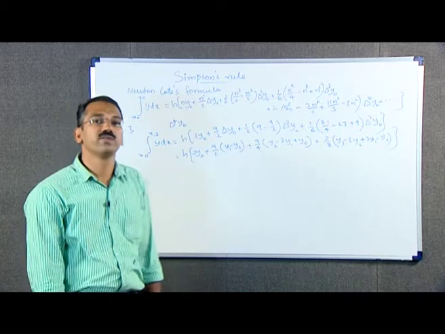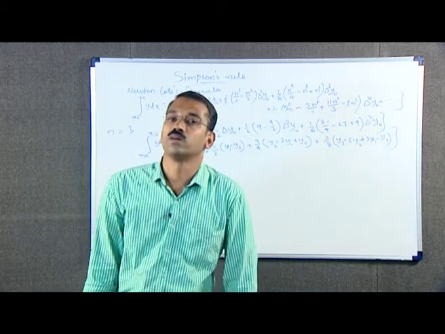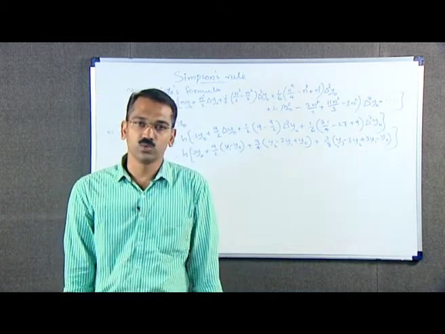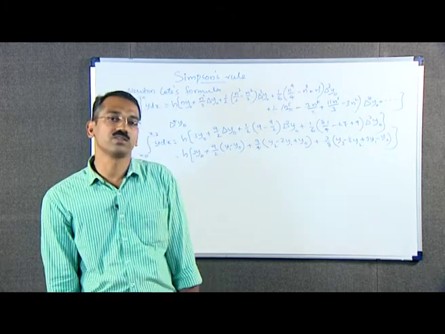Now, let us see the composite Simpson's 3/8 rule. That is, we divide the total interval into 3n equal subintervals.